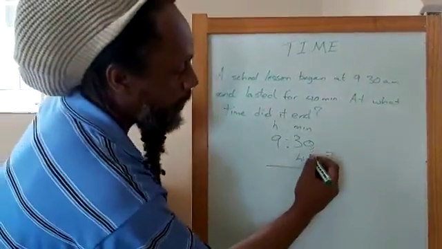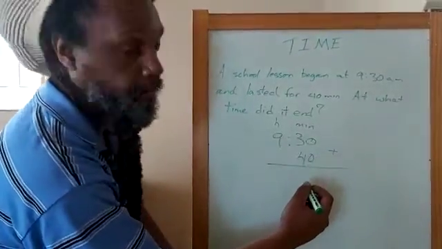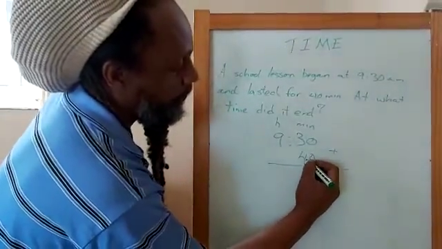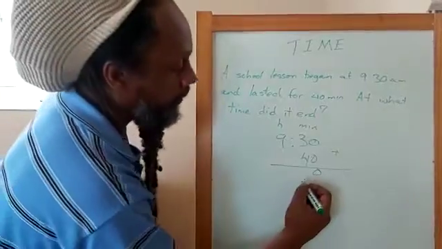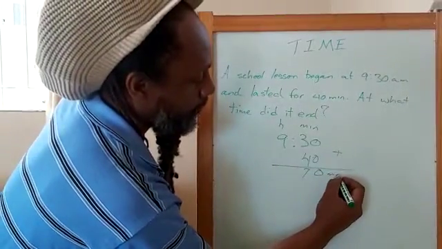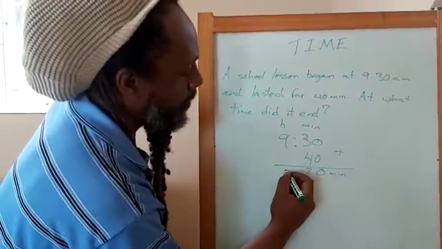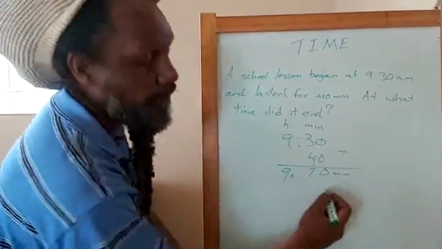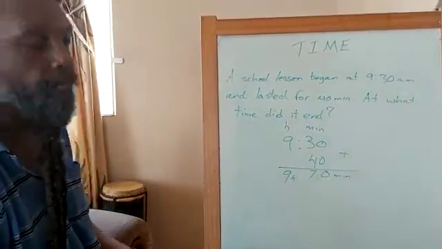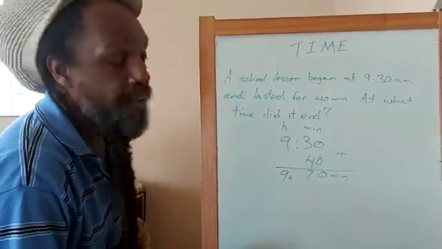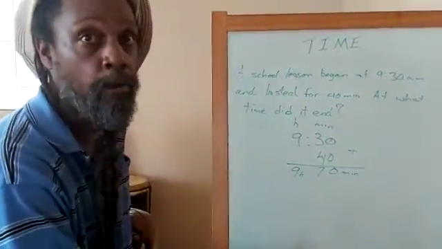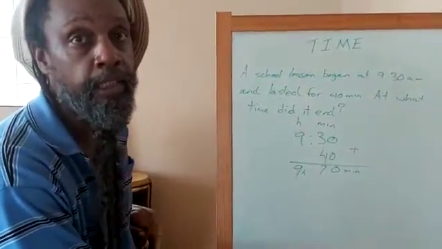So I'm adding my minutes first. 0. 4 and 3, 7. So I have 9 hours and 70 minutes. I know for a fact that 60 minutes is an hour and 70 is more than 60.